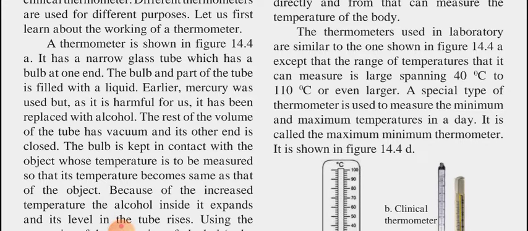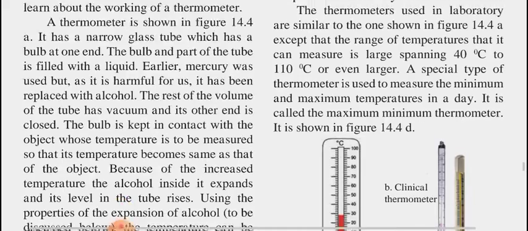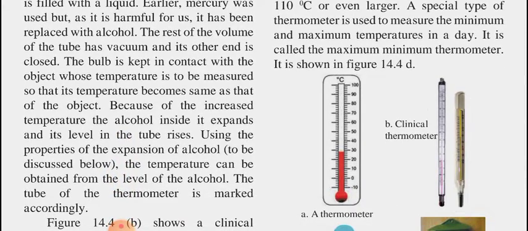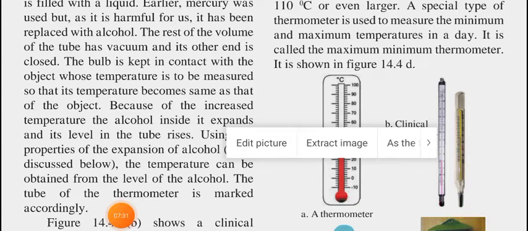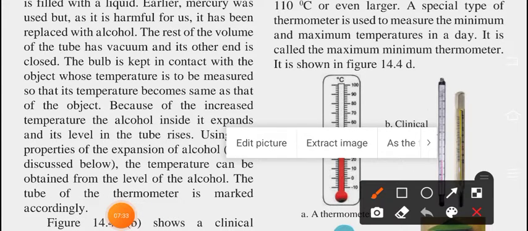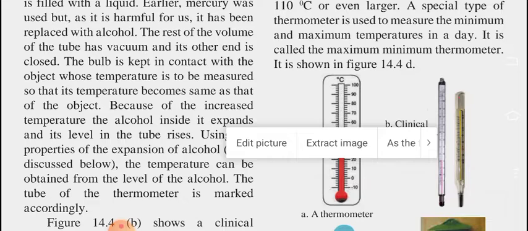You can measure the minimum temperature as well as the maximum temperature. And you can observe the range of the thermometer here, with the red mark given over there. You can measure minimum as well as maximum temperature, and here are the ranges of the thermometer.